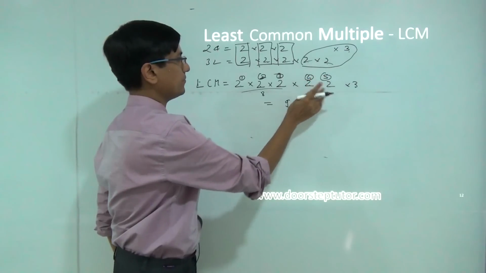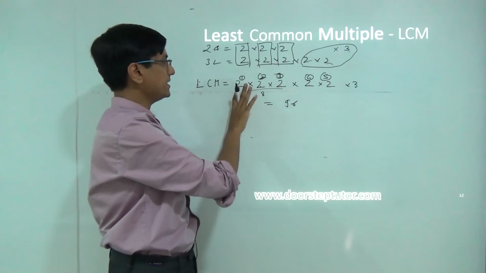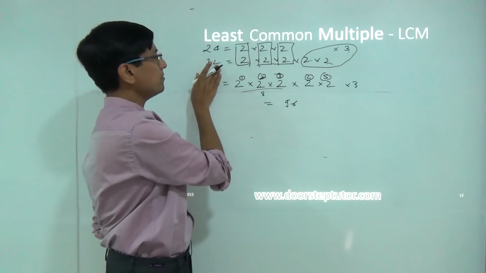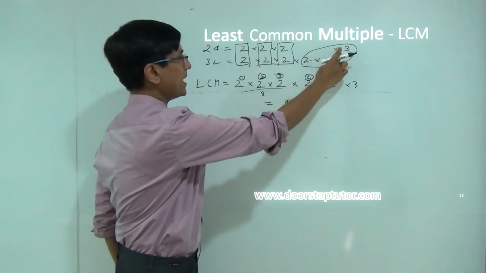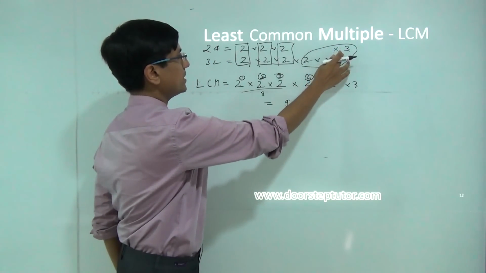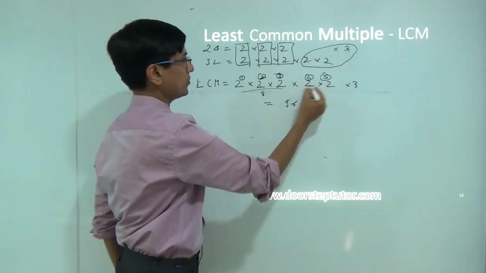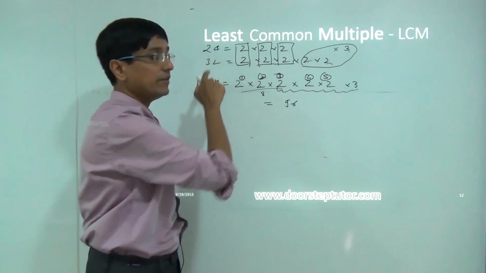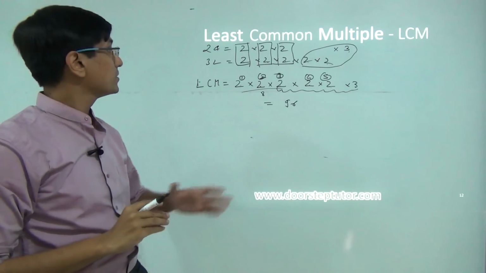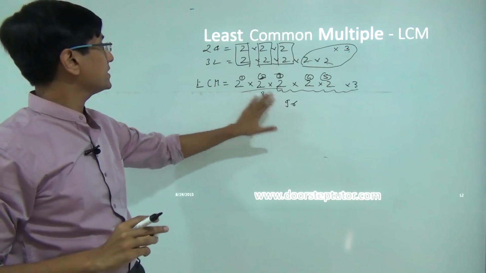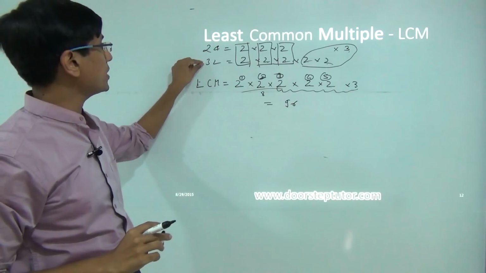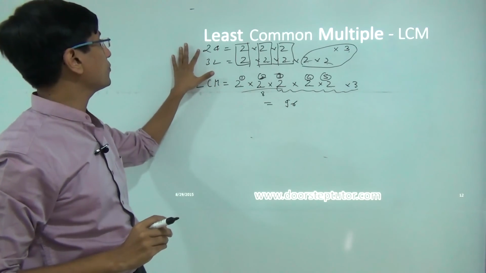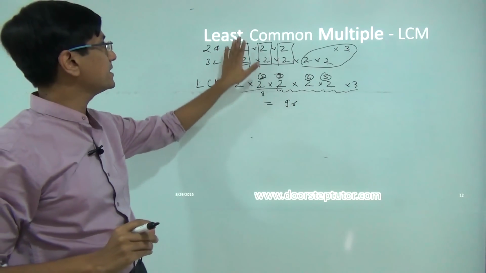This 96 has 5 2's, so it will be divisible by 32. And as long as the number has 3 2's and a 3, it will be divisible by 24. That is why 96 is divisible by both 24 and 32. It is also the smallest such number, and hence it is the least common multiple.